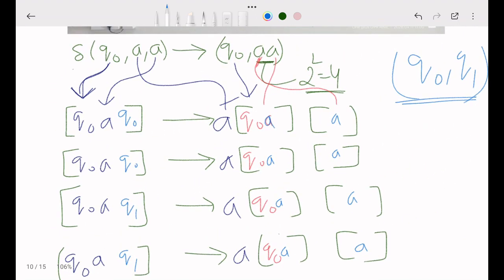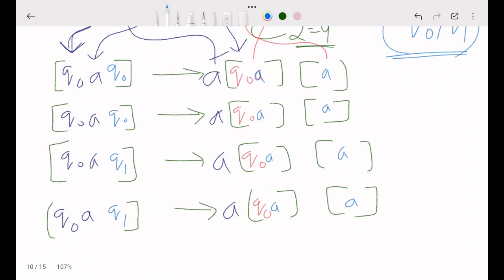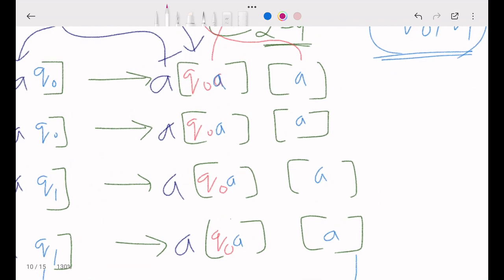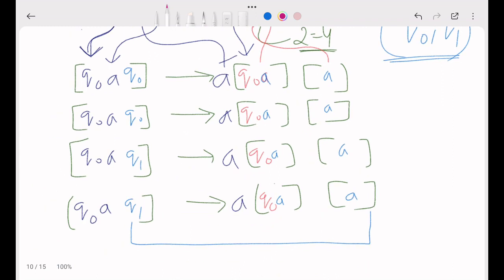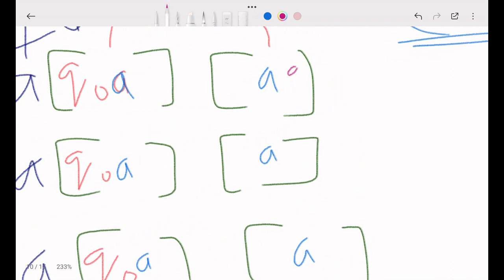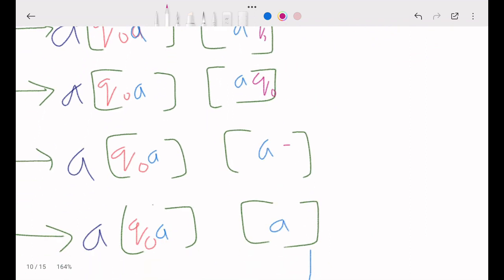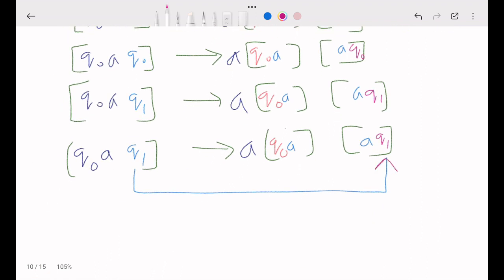Now next, this last one I will copy here, using another color. So what is this? Q0 Q1 Q1 Q0, Q1 and Q1. So last you have to write this here. Done.